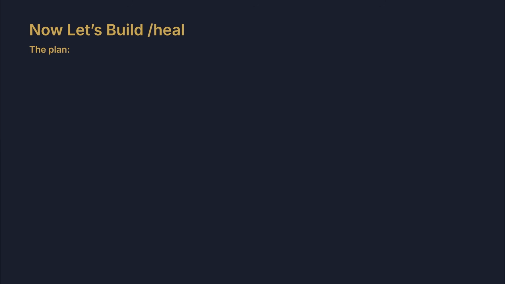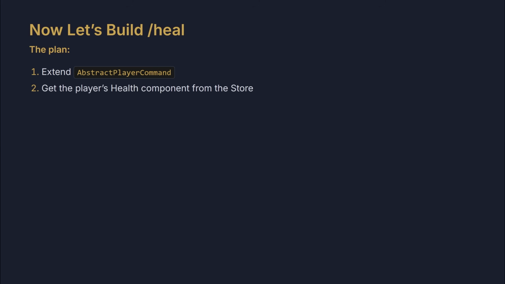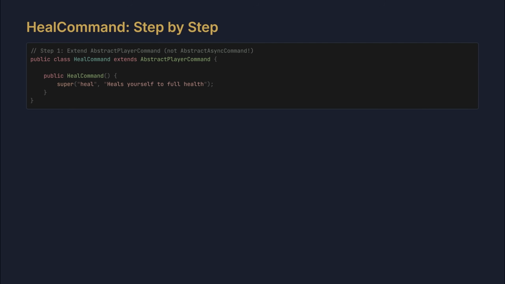So let's build /heal. Our plan is to extend abstract player command, get the player's health component from the store, set it to maximum. That's the most simple version of a heal command. So, step 1. We define a new class called heal command, which extends abstract player command, not abstract async command.